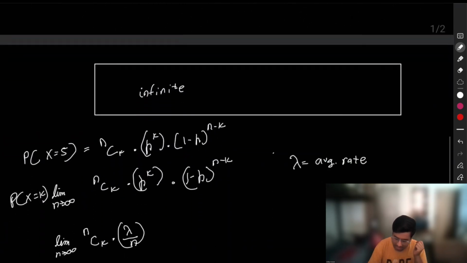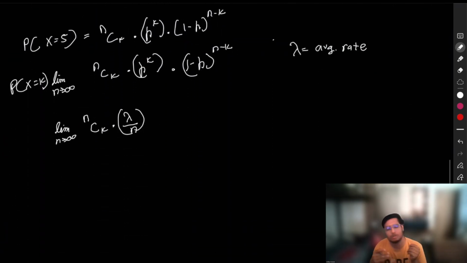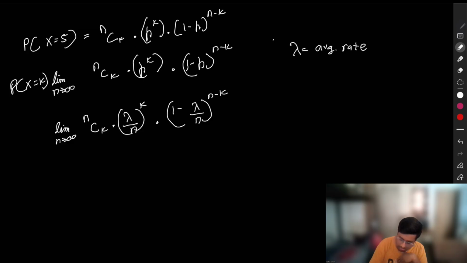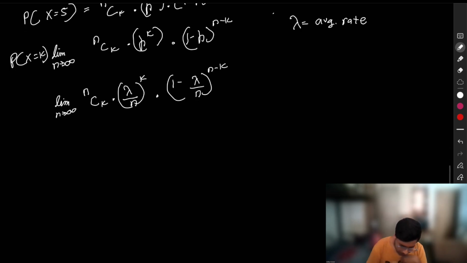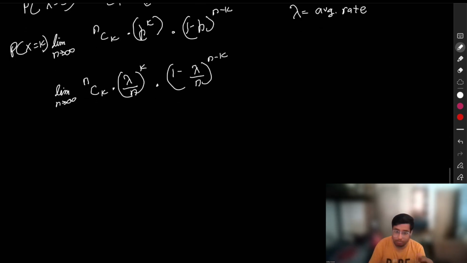So similarly, since we don't know the value of n, or we can say the value of n is infinity, we are just going to put (lambda upon n) raised to the power k, multiplied by (1 minus lambda upon n) raised to the power n minus k. So this is, you can say, a little bit of the binomial theorem, right? Now we are going to expand the terms.